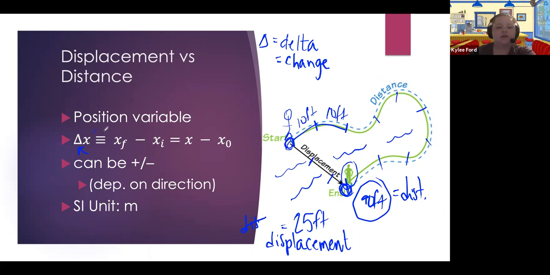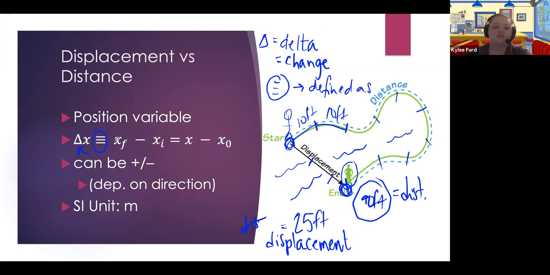Then I have this symbol here, which is almost like an equal sign, but it's got three lines. This means defined as.